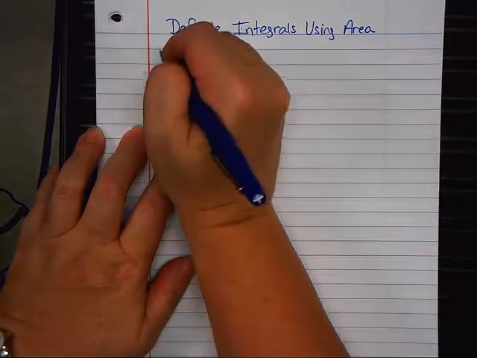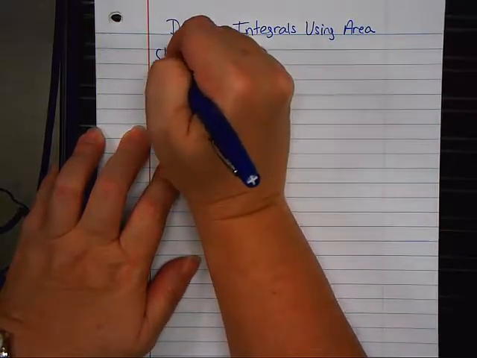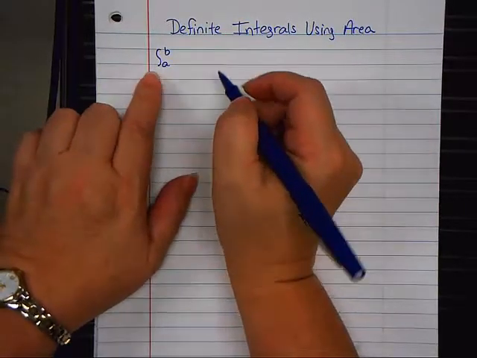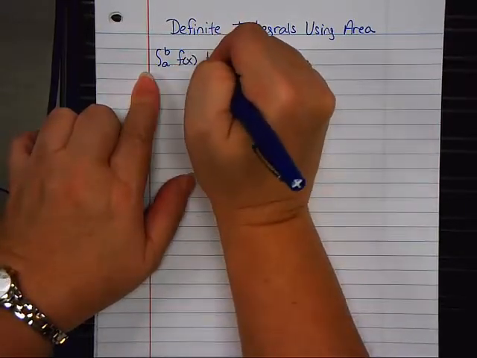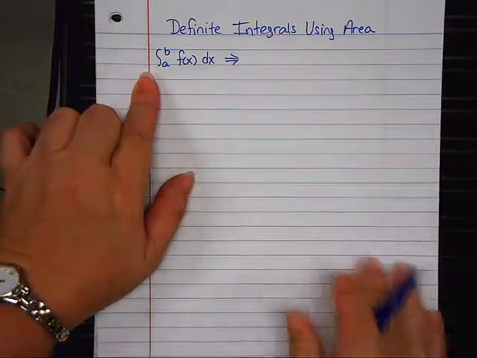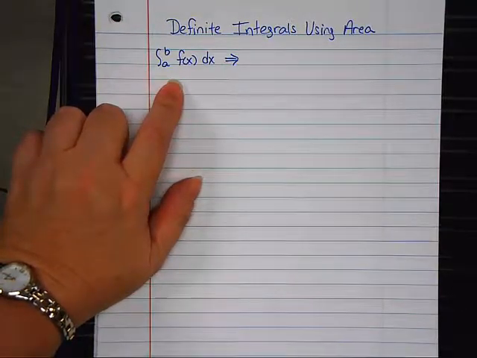So let's review real quickly what a definite integral looks like. It looks like this. You have the integral symbol, the a and the b, and the f of x dx. That's what a definite integral looks like.